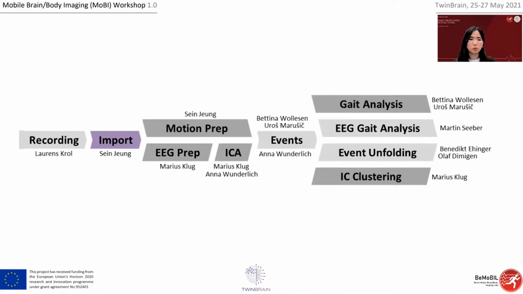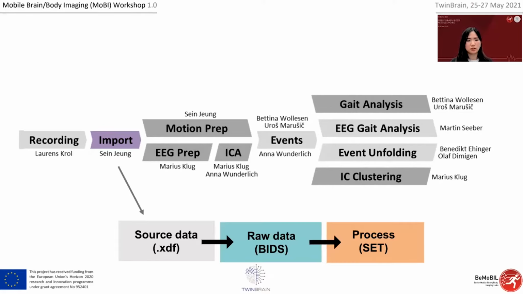Before we can do all these super cool analyses on the EEG data and motion data and both combined, we first have to import the data so that the format is recognized by EEGLAB and the MoBI pipeline. And we do this in 2 steps. First, we convert the source data to raw data in BIDS. And then from this BIDS data, we go to the .set format. It might look like a workaround, but we will talk about what advantages there are in doing this.